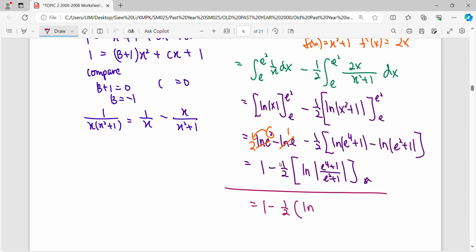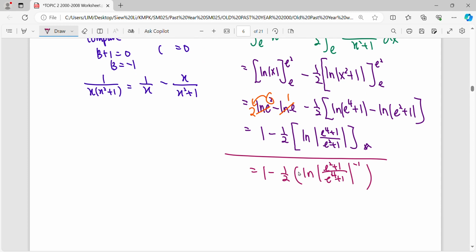So e squared plus 1 over e to the 4 plus 1, power to negative 1. Flip it and make it power negative 1. So the power moves to the front, 1 plus 1 over 2. So this is the answer at the back. But this one is also considered a final answer already, and can also be accepted.